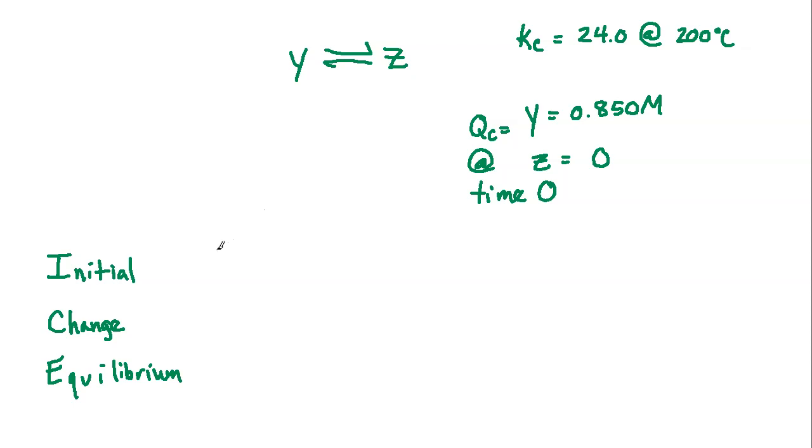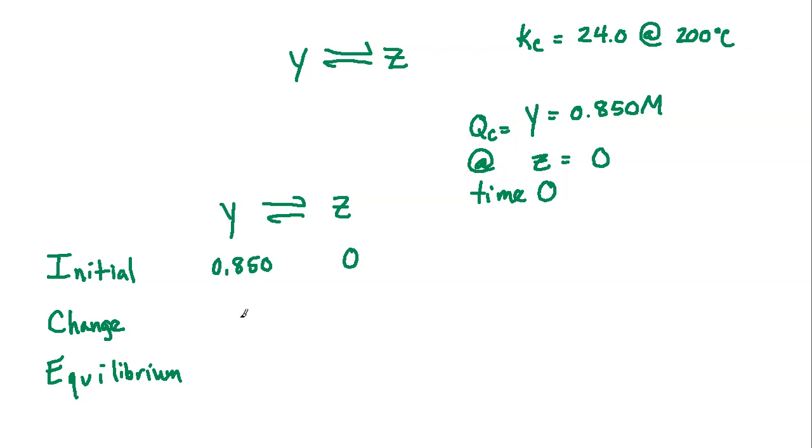So if you take a look at this, we're going to have Y and Z. Now, the initial for Y is given as 0.850 molarity, and the initial concentration of Z is 0. So that's nothing special. We've already found that from the problem.